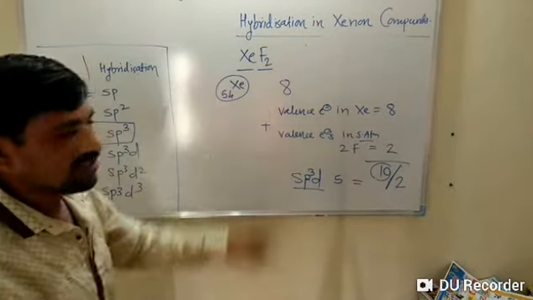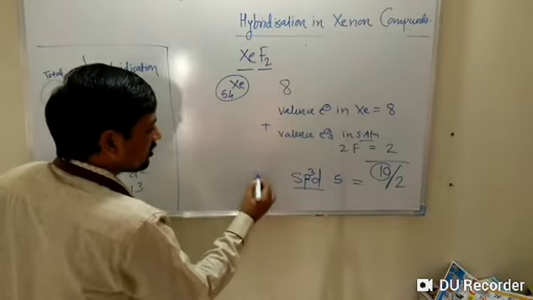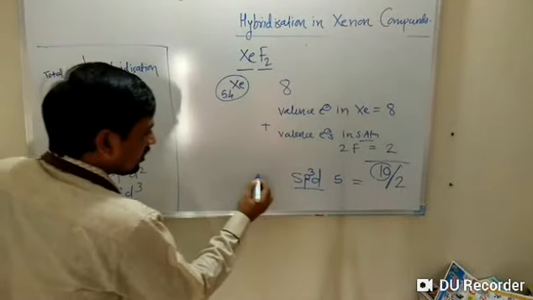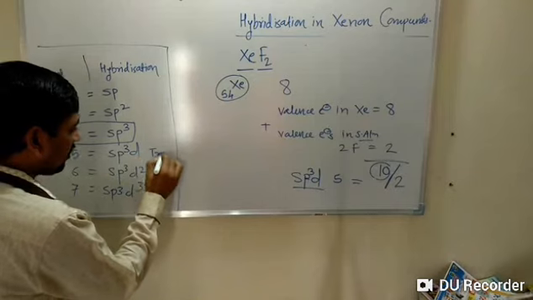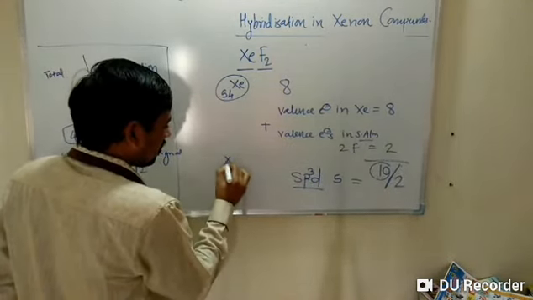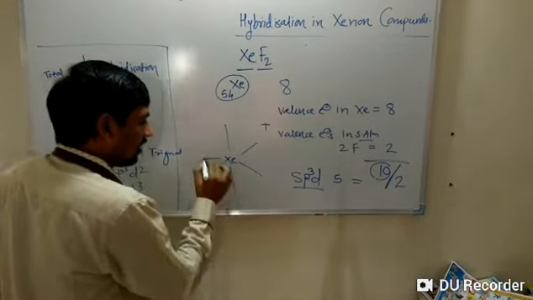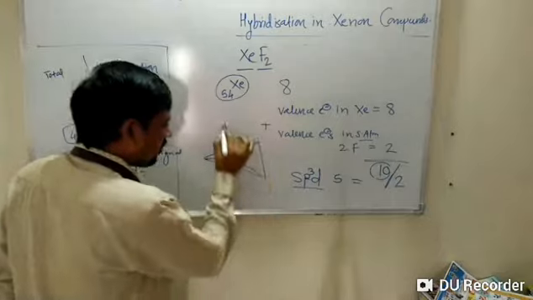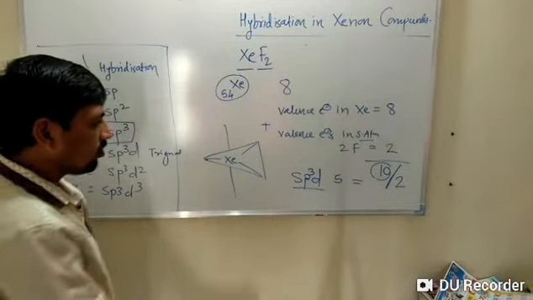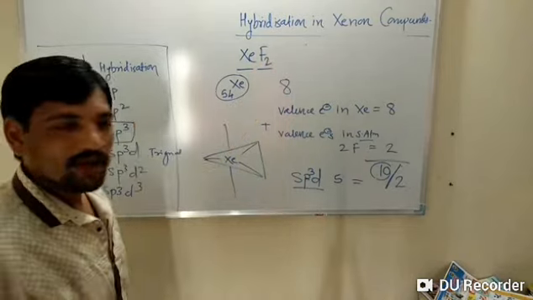What is the hybridization of xenon difluoride? It is sp3d. On the basis of sp3d, the molecule should be trigonal bipyramidal. How can you draw the trigonal bipyramidal shape? Like this: a triangle and one pyramid and another pyramid. So there are 5 electron pairs, out of which only 2 fluorine atoms are there.